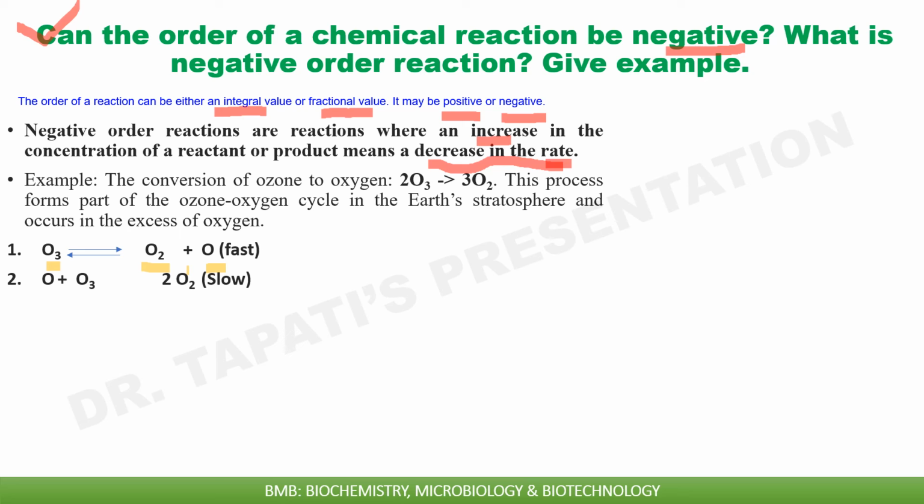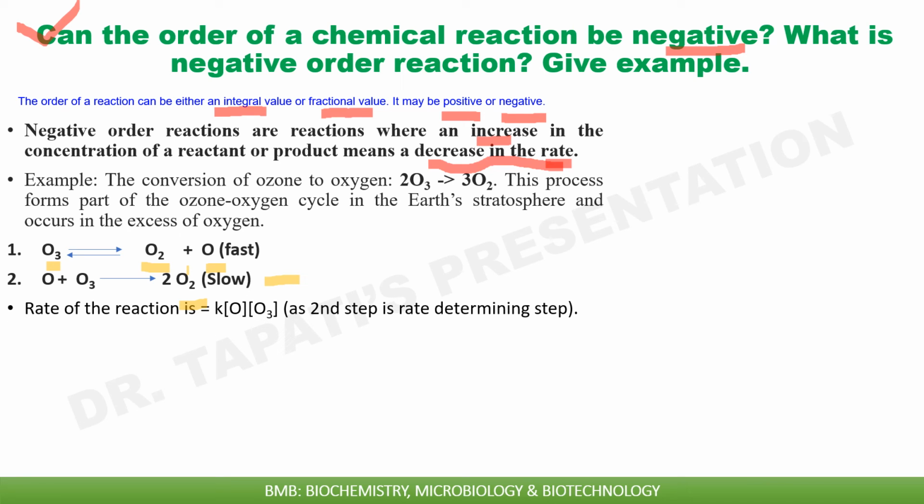The second step is O plus O3 to 2O2. This is the slowest step and therefore it is rate determining step. Hence, the rate of the reaction is K into O. You have to consider step 2 reactant concentrations.